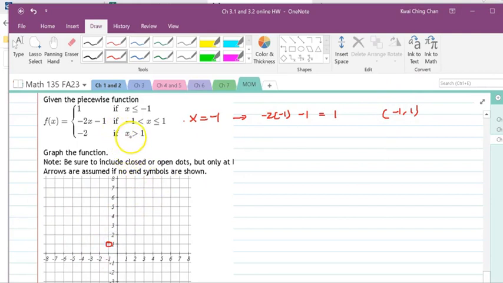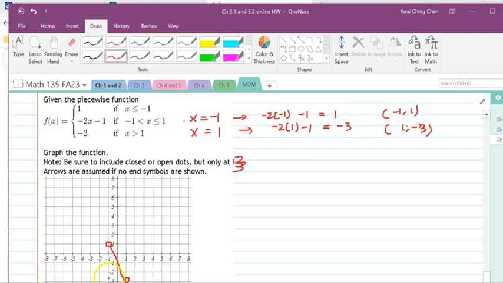And then when x is greater than 1, we have to do another boundary, which is equal to 1. So that is negative 2 times 1 minus 1. That is negative 3. So there's a point at 1, negative 3. So when it is 1, it's down at negative 3, and those are the two points that we need to connect.